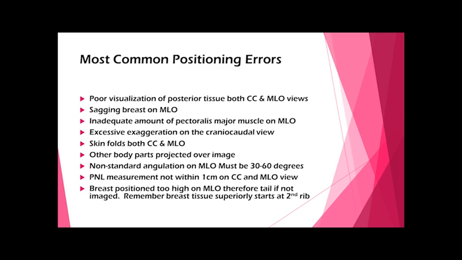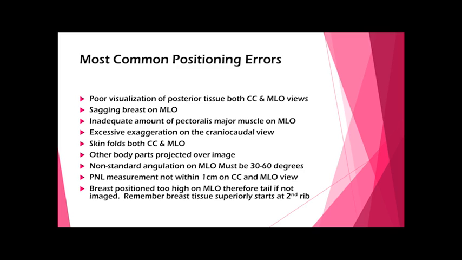Now, the most common positioning errors are poor positioning of posterior tissue both in the CC and MLO views, sagging of the breast on the MLO view, inadequate amount of pectoralis major muscle on the MLO view, excessive exaggeration on the CC view, skin folds on both the CC and MLO views, and other body parts projected over the image.